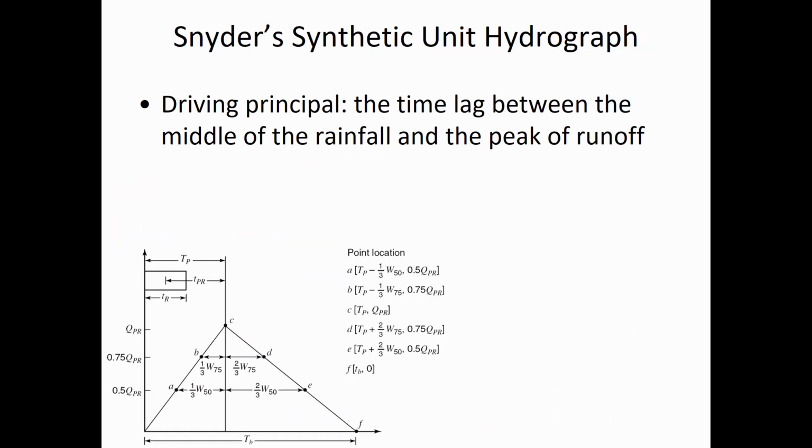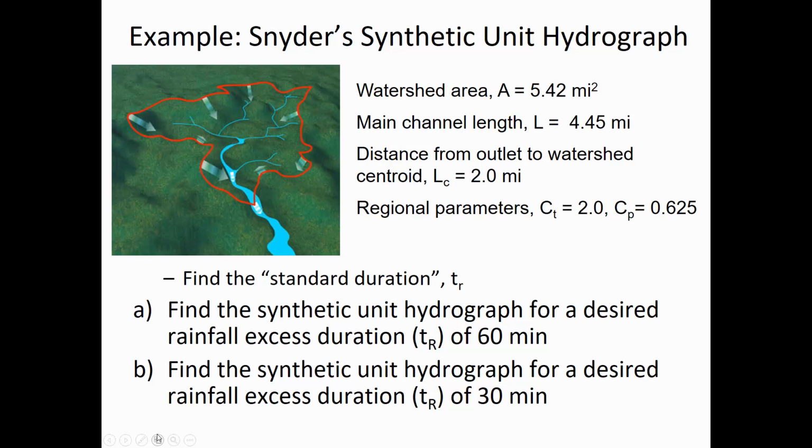And the reason why we're calculating those widths is because we want to know the overall duration of the hydrograph, the T sub B. And the formula for the T sub B is based on these W factors.